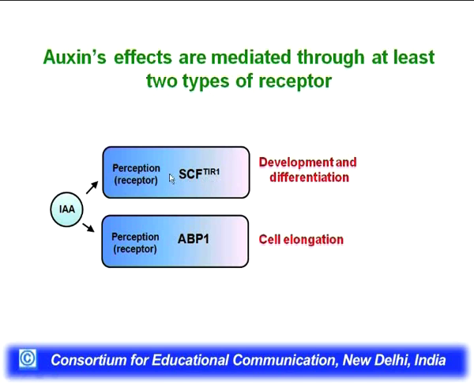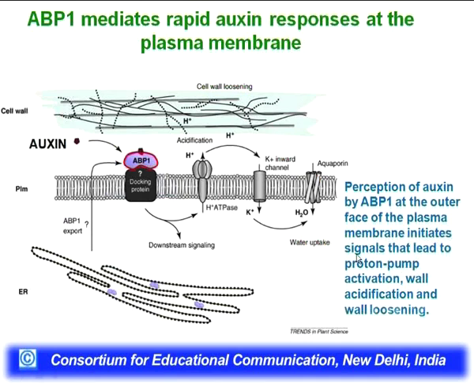So, TIR1 and SCF have been shown to be responsible for development and differentiation. The reception by ABP1 is responsible for cell elongation, and I will speak to you a bit about it.